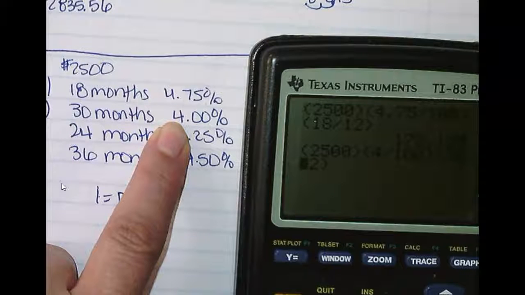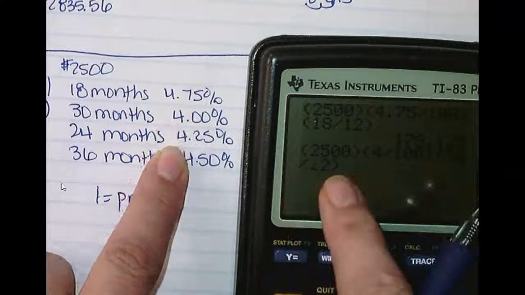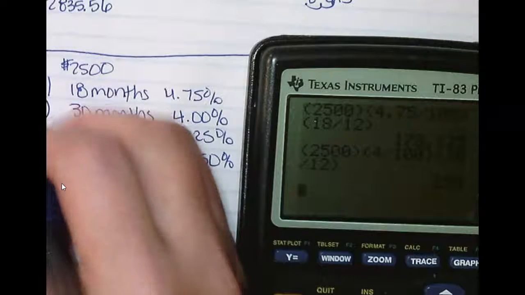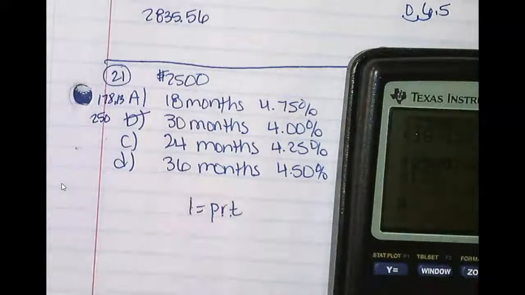And it's still divided by 12, right? So make sure we got 2,500. 4%. Wouldn't that be 0.04? Yeah, it would have been easier. And then that 30 divided by 12? The answer is 250. By the way, that one's too expensive. You can mark B off. B is 250.